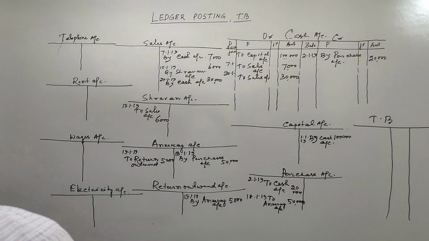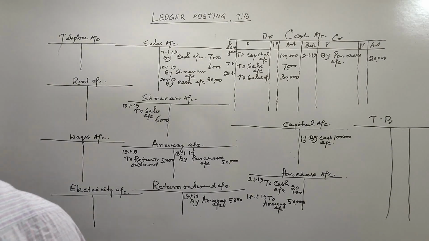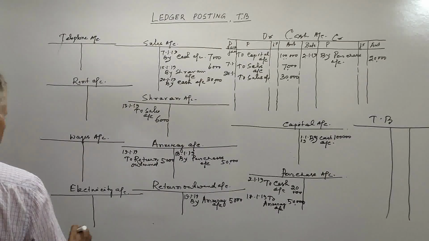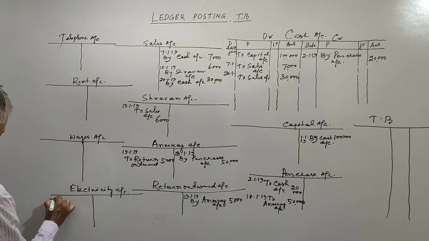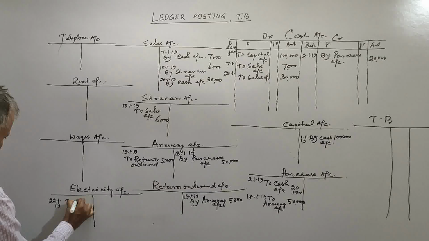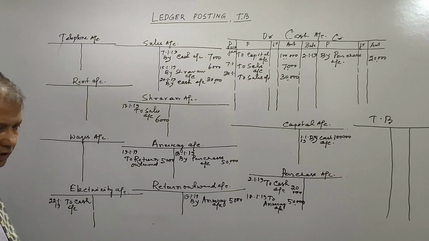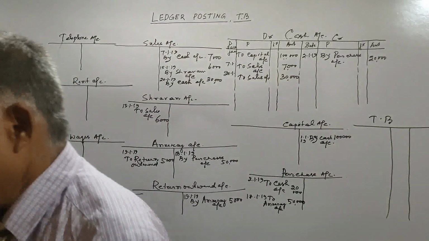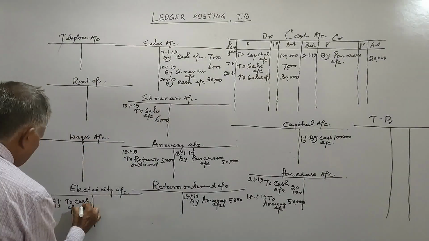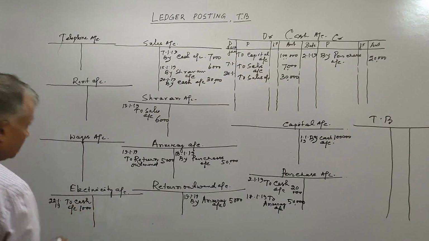So 22, paid electricity 1,000. So electricity 22, electricity to cash. This is 1,000, paid electricity 1,000.